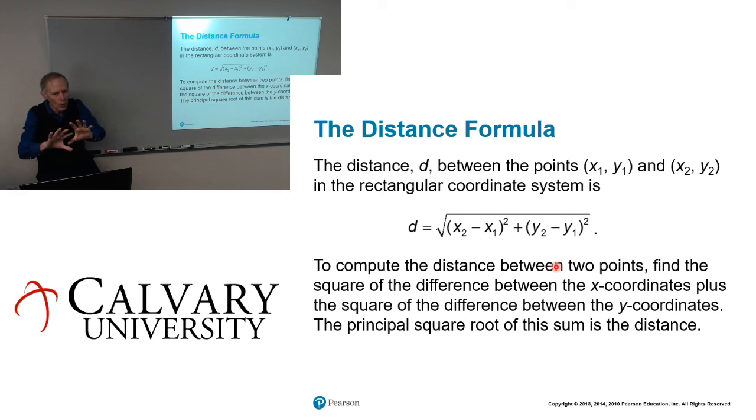Now, even though we're not going to apply this to coordinate geometry, I can tell you that this formula is actually derived from the very well-known, frequently used theorem that you've seen before, and that, of course, is the Pythagorean theorem.